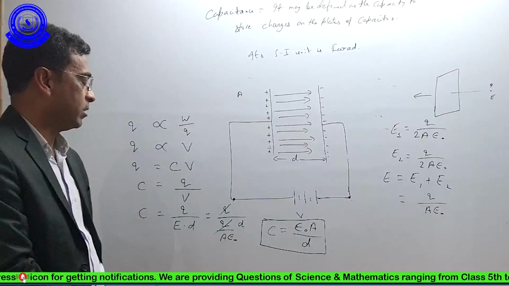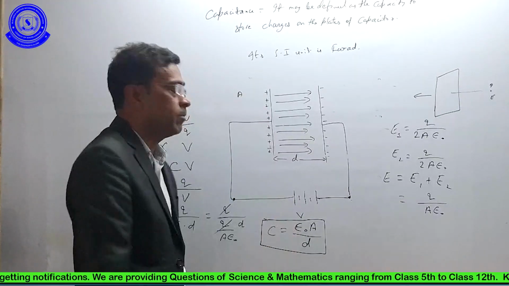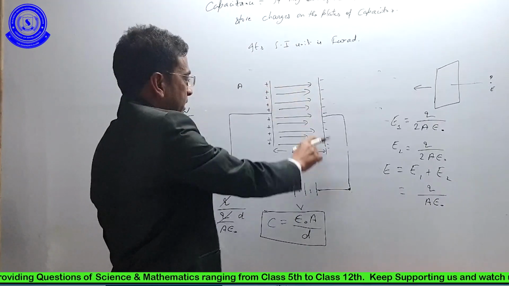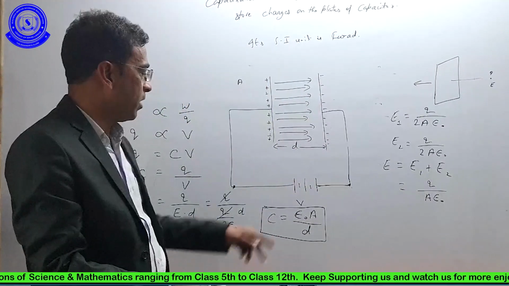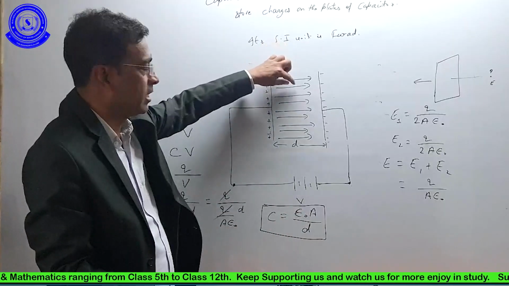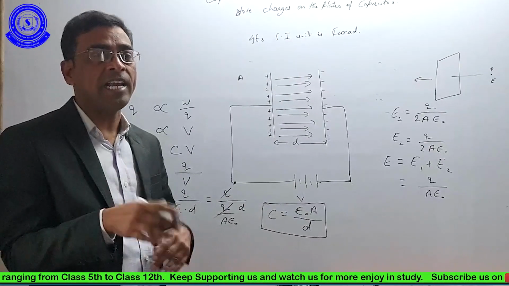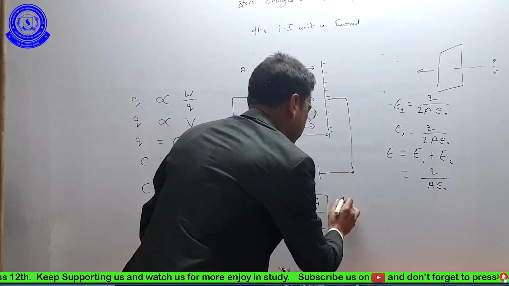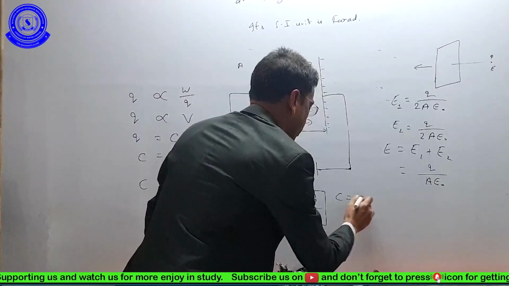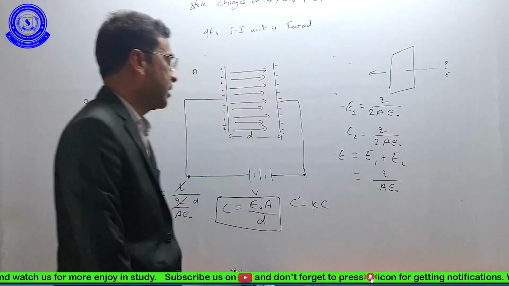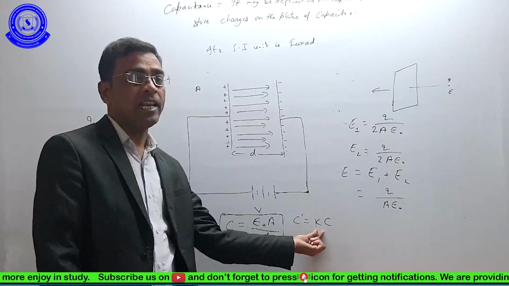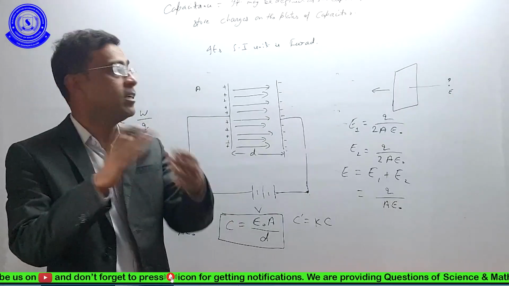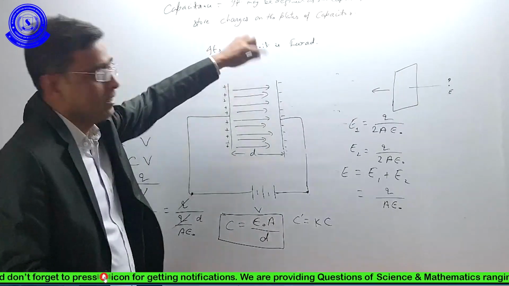Here epsilon naught is the permittivity of the medium between the plates, that is this region, and we have epsilon naught if we have free space here. If we put a dielectric here, then the capacitance will be K times. Here K is the dielectric constant of that material that is put here.